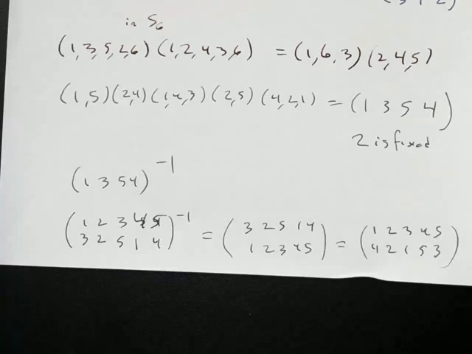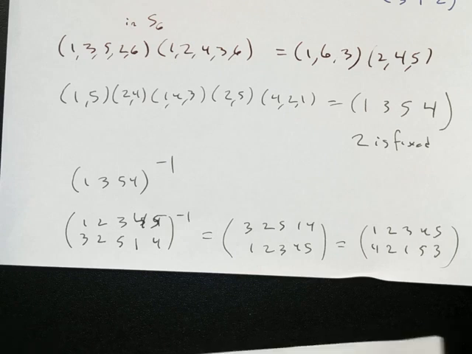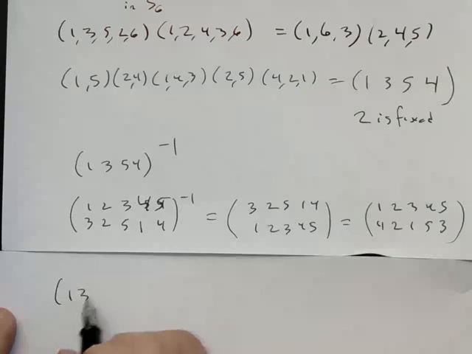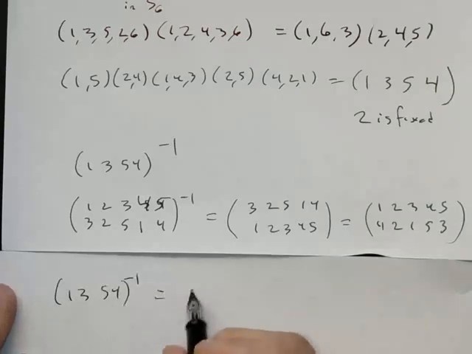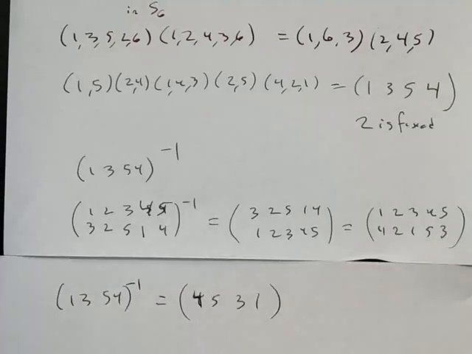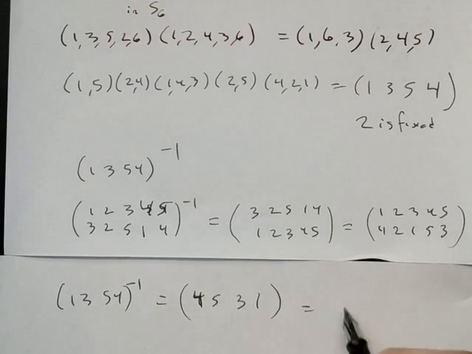In cycle notation, all I have to do is go backwards. And because the order in which I write the loop doesn't matter, I could just as easily write this like that.